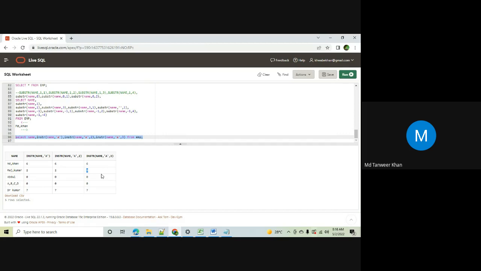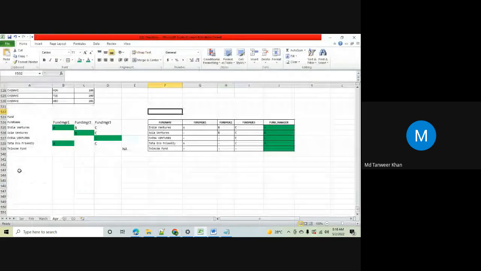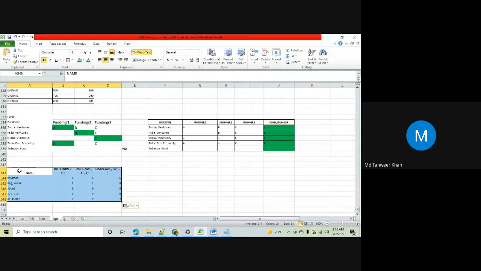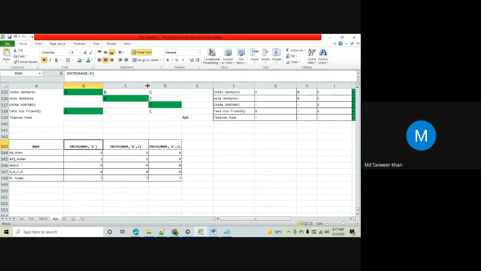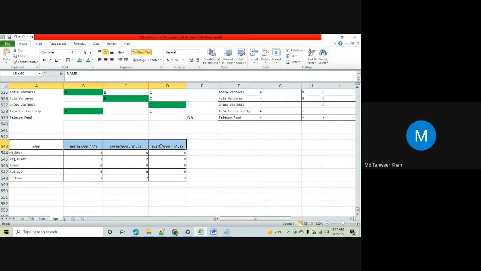Try to understand this sheet. I know this is a little bit confusing. Highlight this.